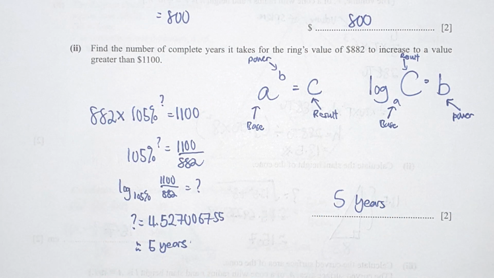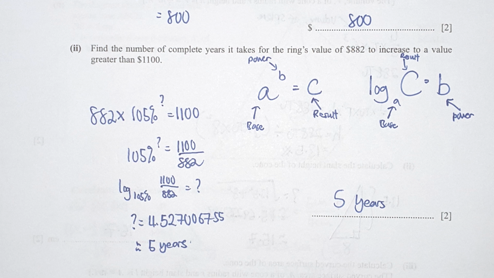As for the next part, find the number of years for the ring's value to increase from 882 to 1100. So 882 times 105% to the power of unknown equals 1100. So I'm using logarithm here, which involves the concept of base, power, and results.